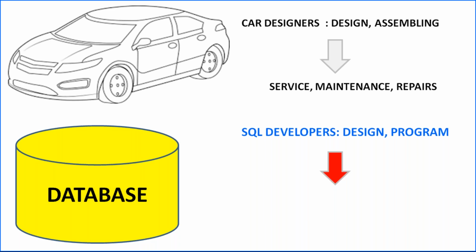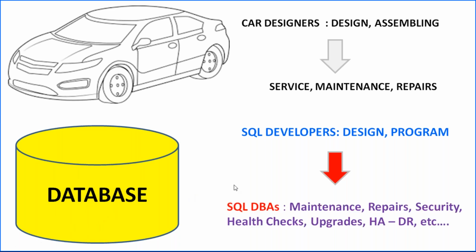Tables, keys, indexes, procedures, views, functions, triggers, schemas, synonyms, users, logins, roles, and so on. There are 35 objects, 35 spare parts in a database we need to manage. That is what a DBA does. As simple as that.